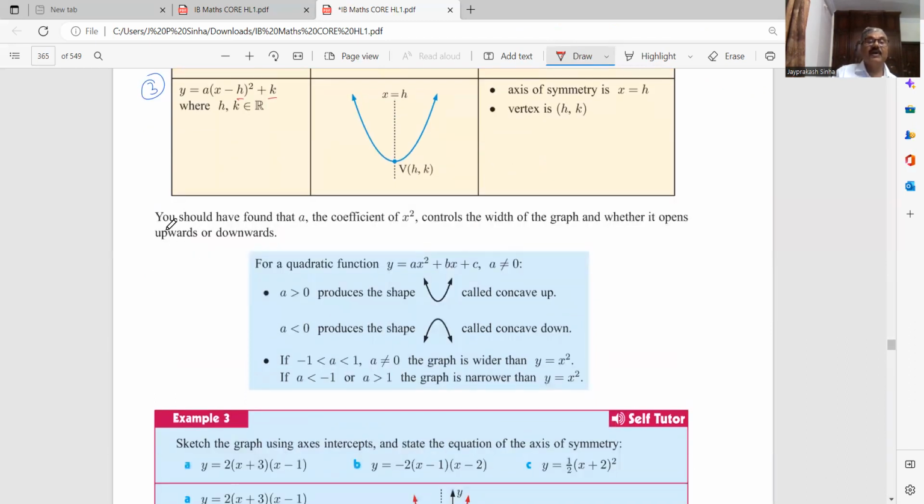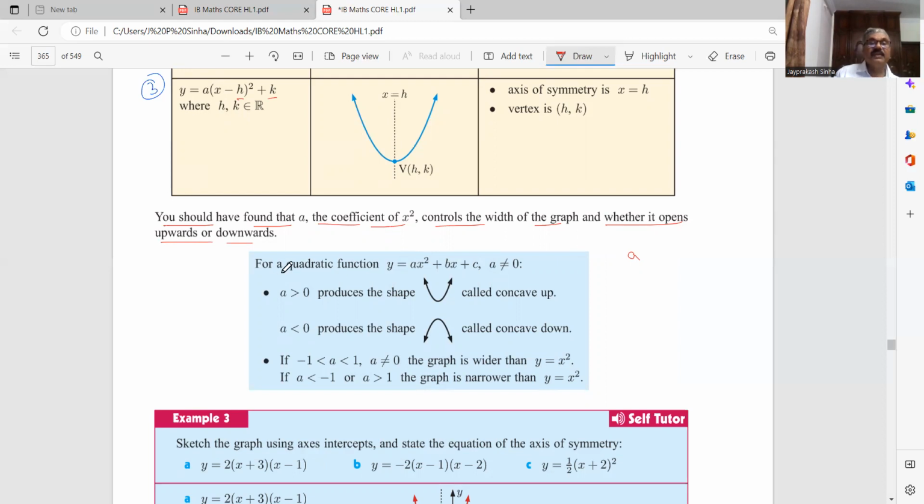Now you should have found that a, the coefficient of x square, controls the width of the graph and whether it opens upwards or downwards. So a tells you the nature of the graph, whether it opens upward or downward, and whether the width of the graph is more or less.